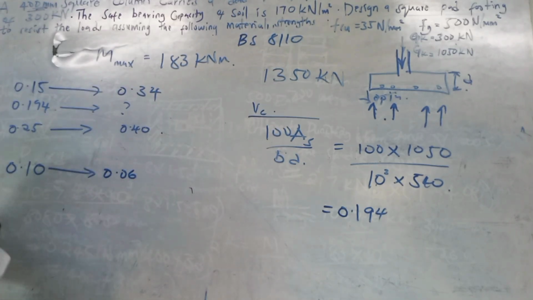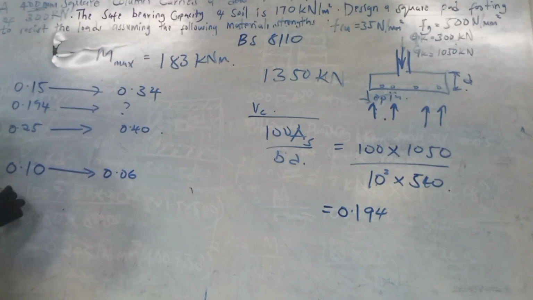Okay? You can confirm that one. Then we have 0.194 subtracted from 0.15. Okay?